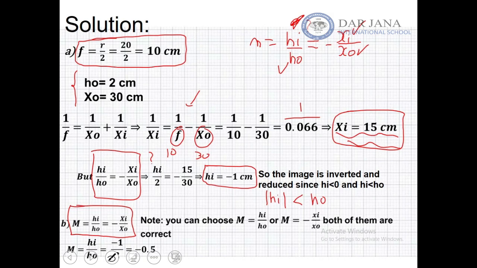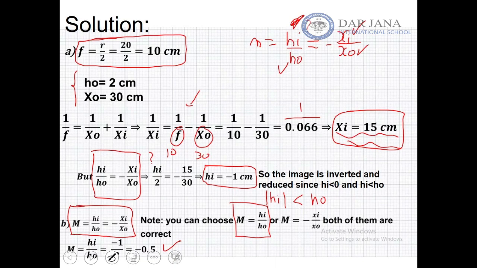Choose whatever you want. But I prefer to choose this one in this case, because the values are smaller, so it will be better. m equals hi over ho, which equals negative 1 over 2. So finally, the magnification is negative 0.5, and it's unitless.